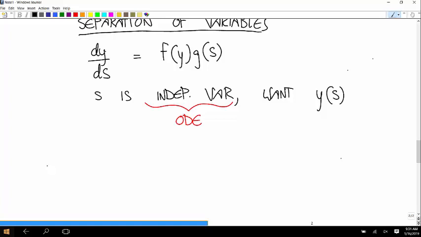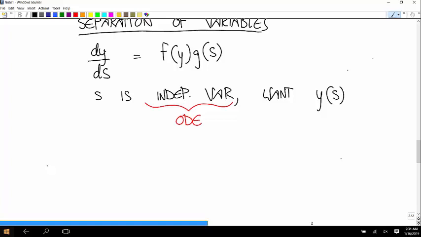I don't think this is a way your math teachers would like you to think about this, but it's the way I always do it, and I think it's a nice way to think about it. We'll get everything that is a function of the dependent variable on one side, and everything that's a function of the independent variable on the other side.